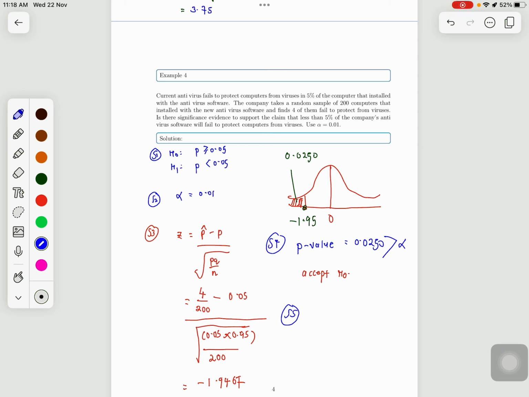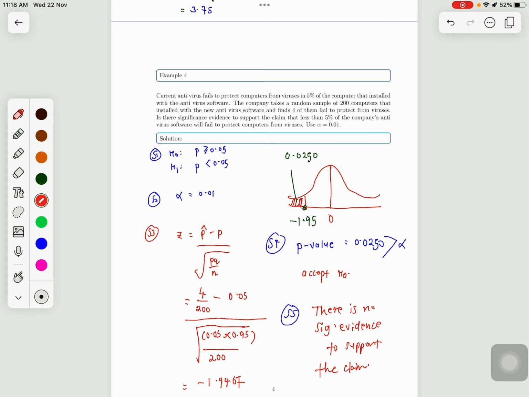So we just state there is no significant evidence to support the claim. Finish the sentence.